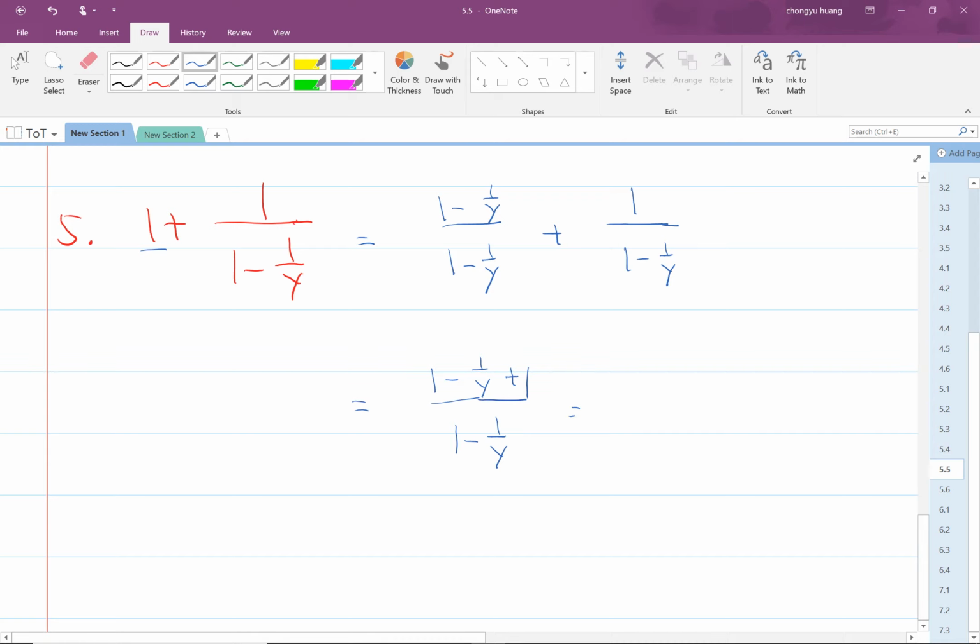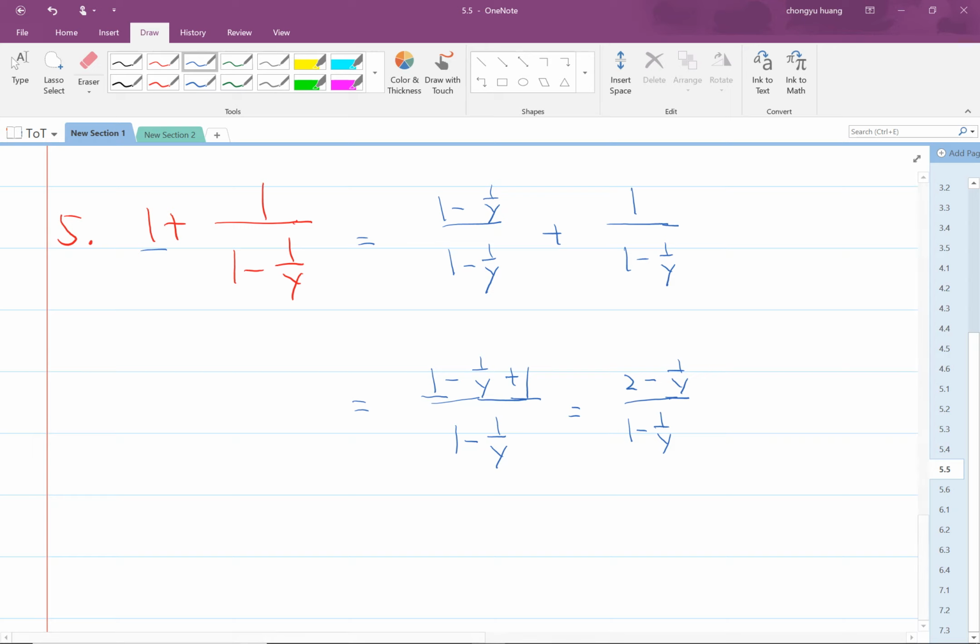Now we have to do more simplification. So we have 1 minus 1 over y on the denominator, and on the numerator is 2 minus 1 over y.